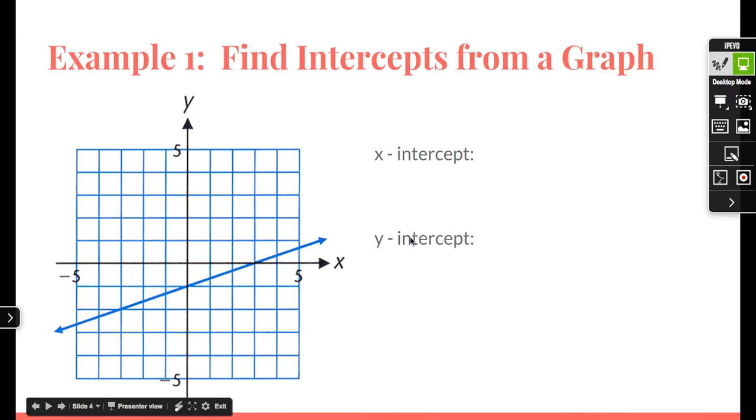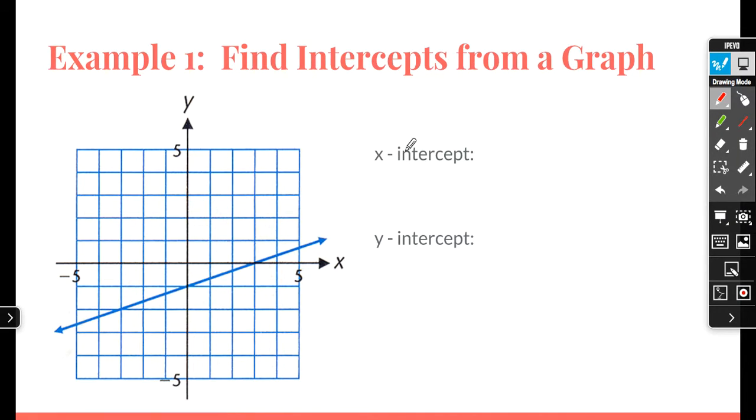To look at an example of this, here we have a graph. Right now we just want to figure out what the intercepts are and which intercept is where. If I want my x-intercept, that's on my x-axis, so that point is right here.